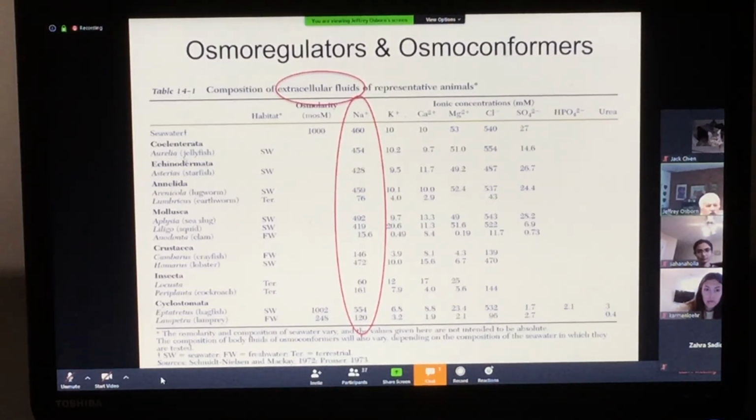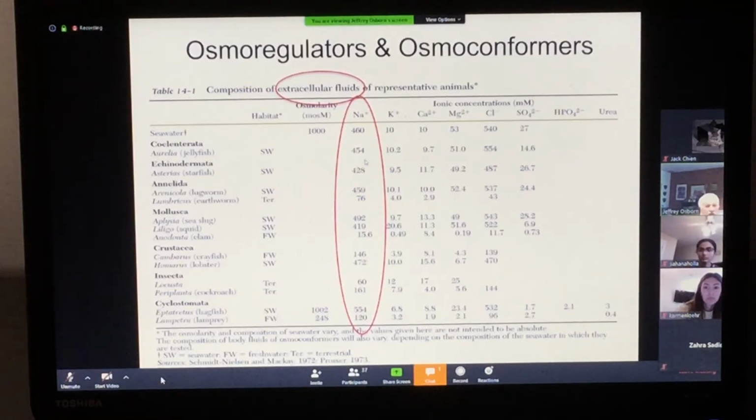So if you're a jellyfish living in seawater, they live in about 460 millimolar sodium chloride. Their internal milieu is about 454 millimoles of sodium chloride. If you or I had an internal concentration of sodium chloride at 454, we would be in big trouble.